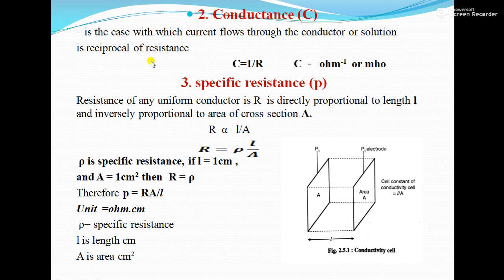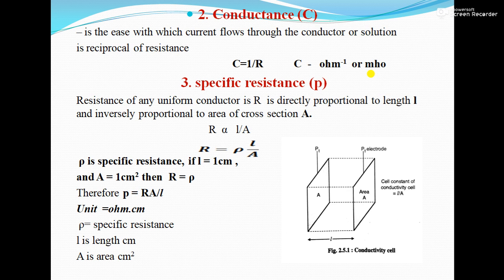It is the reciprocal of resistance, that is C is equal to 1 upon R. Its unit is per ohm, that is also called mho, that is also called Siemens. So that is conductance.